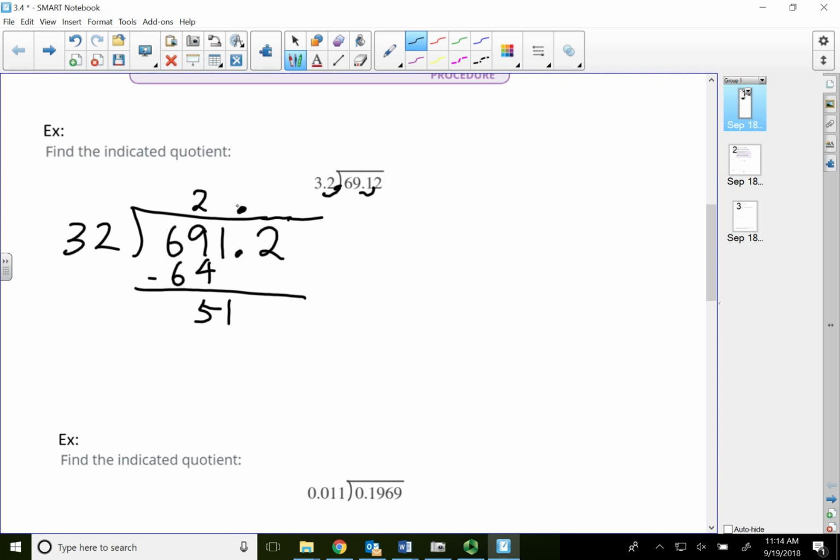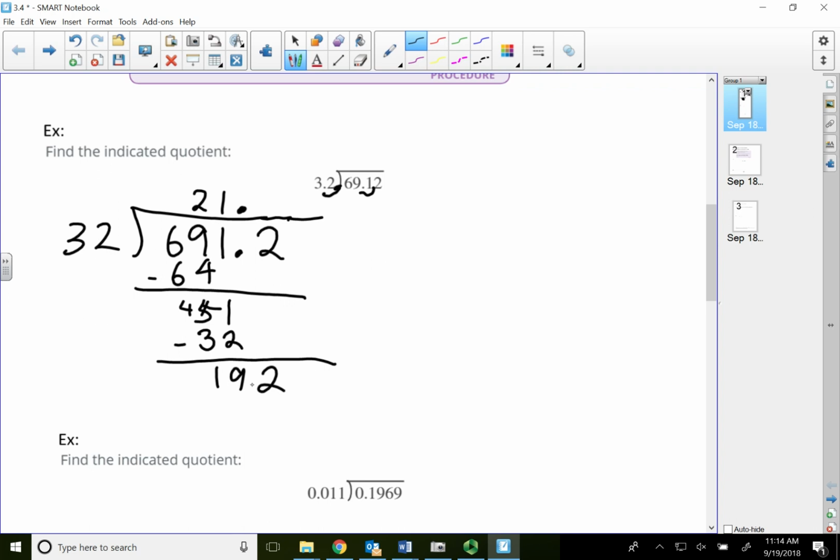So I'm in the ones place now. 32 will only go into 51 one time, so that's 32. Now we're just dividing like a whole number. 11 minus 2 is 9, so this becomes 4. 4 minus 3 is 1. Bring down the 2. So 32 will go into 192.